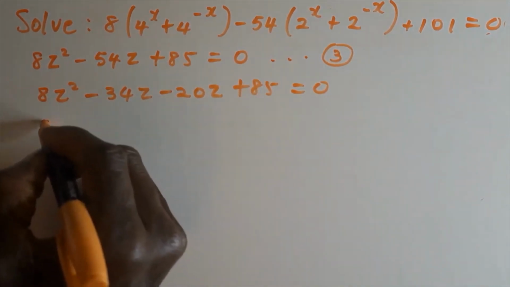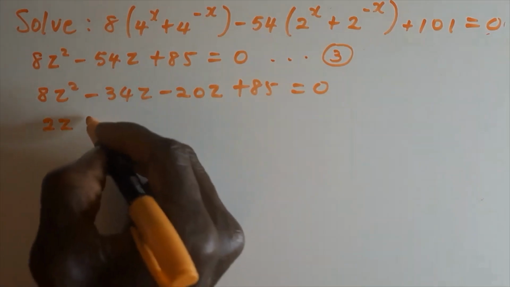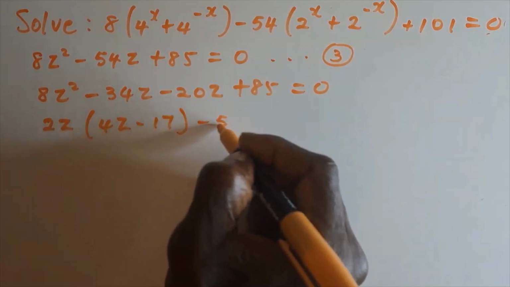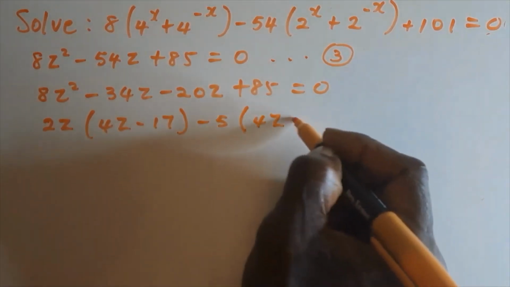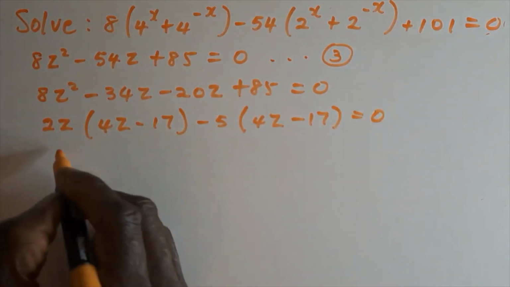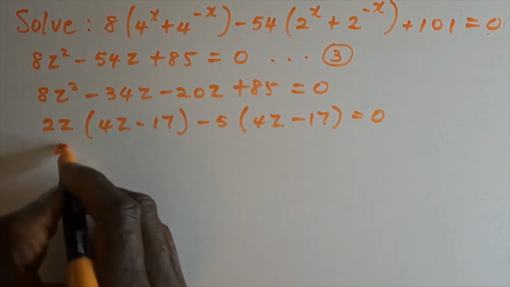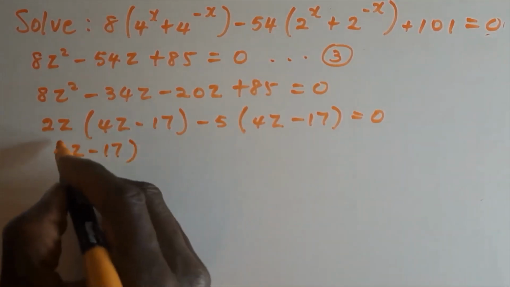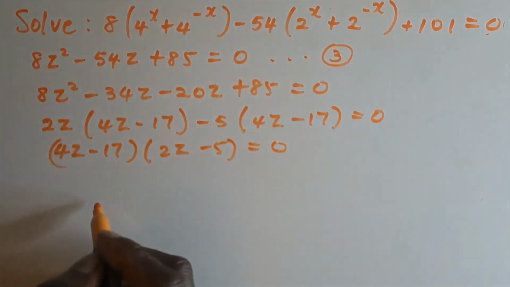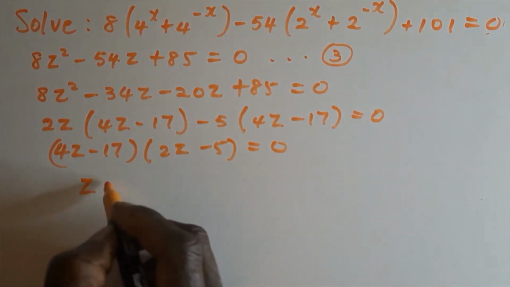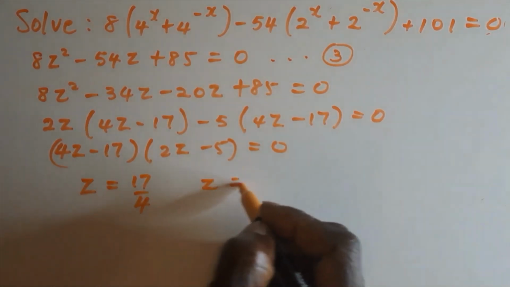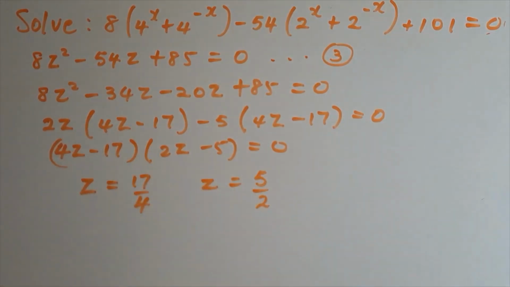And further to this, we can factorize this: 2z into 4z minus 17 minus 5 into 4z minus 17 equals 0. And finally, 4z minus 17, 2z minus 5 equals 0. So this gives us two values: z is equal to 17 over 4 and z equal to 5 over 2.